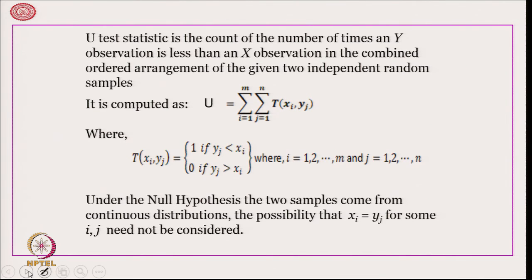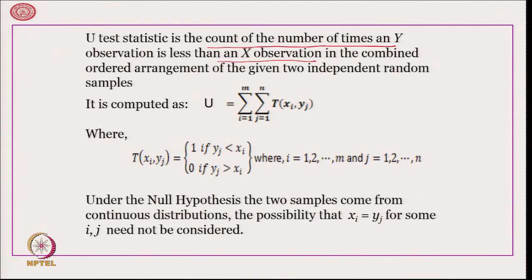So, basically what we are doing is counting the number of times a y observation is less than an x observation in the combined ordered arrangement of the given two independent samples.